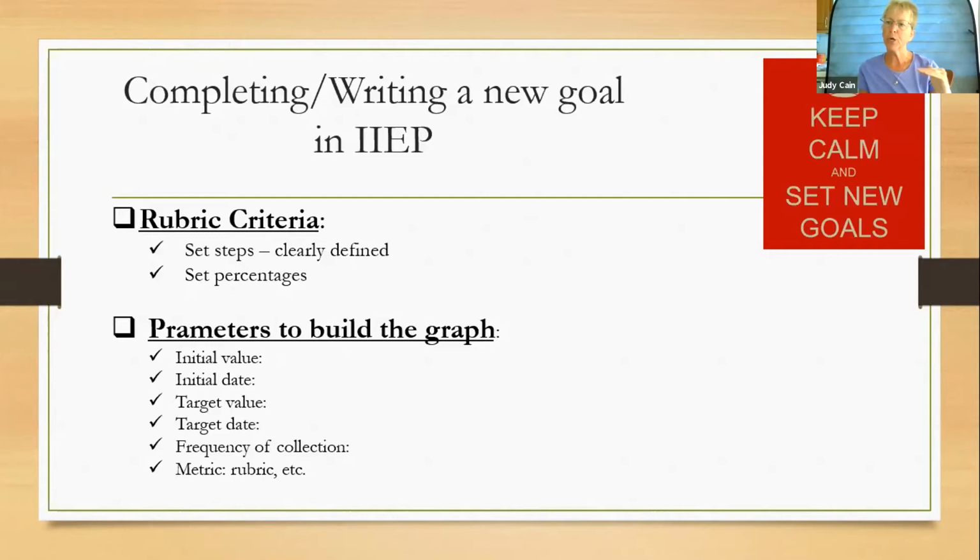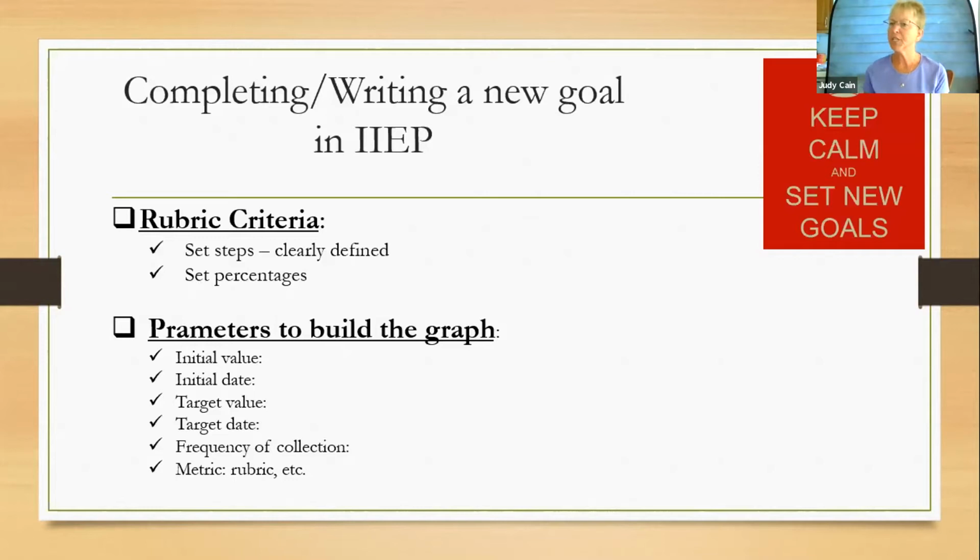You start with where the student currently is, that initial value, and that date of initial, and then you set whatever the goal target is, that value and the date that you expect the student to be able to reach that. Usually it's that 1 year time frame that is written on the IEP.